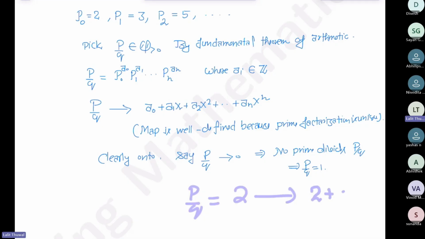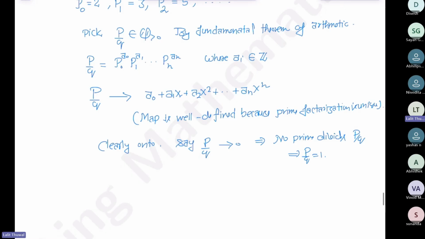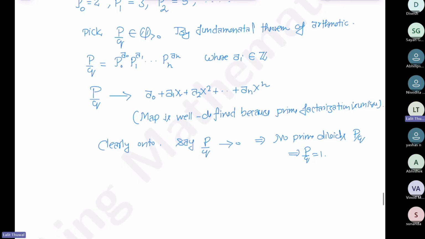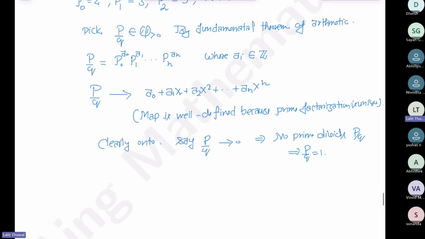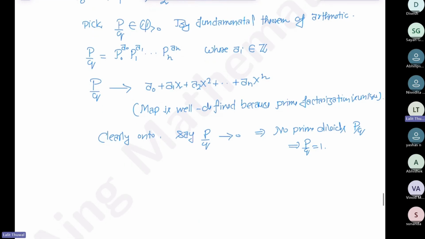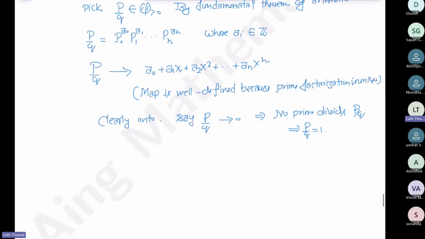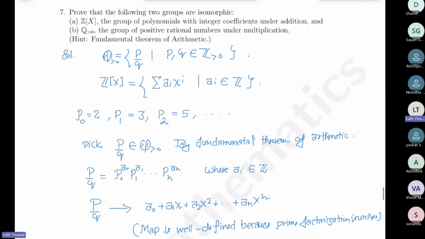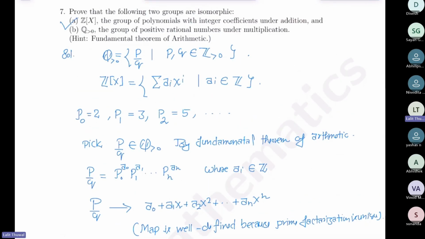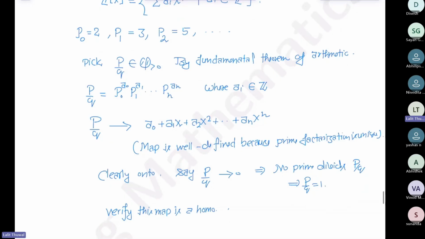Okay. So fill in the details and convince yourself. So this is one-to-one, this is onto, and please verify that this map is a homomorphism, okay? So we are done. They are isomorphic. Any questions on this?